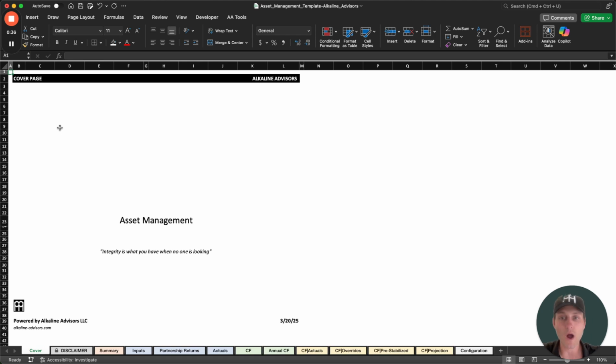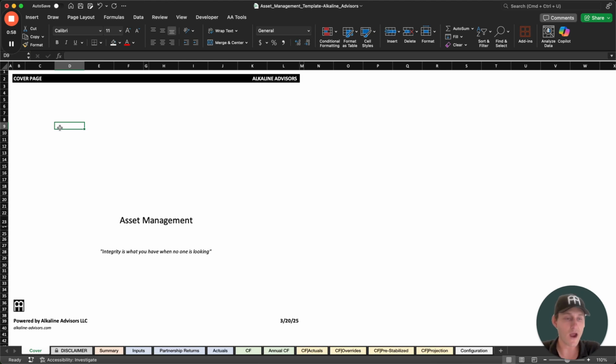The reason why someone would use a template like this is that it allows us to track the actual figures occurring at a project level as they relate to revenues, expenses, and costs. It then allows us to take those figures and trend them to where we anticipate our property will be at stabilization.